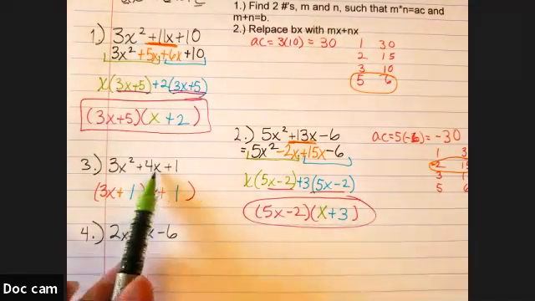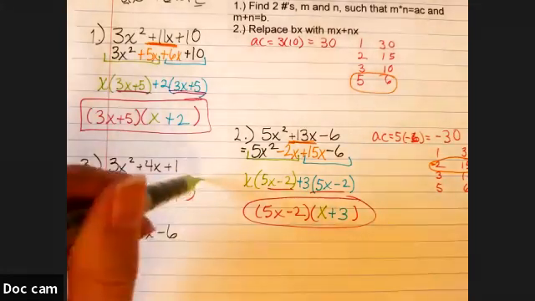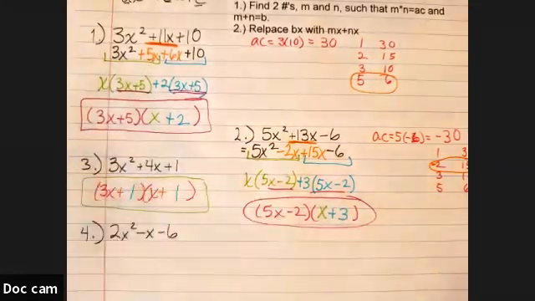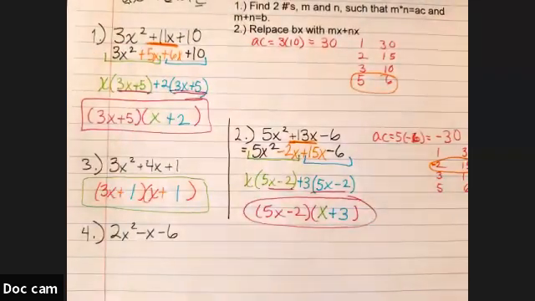And if you add those together, 3x plus 1x, it does equal 4x. And so therefore, this is the answer. And you could have also solved that using the AC method if you wanted to, but it was pretty easy to do it that way as well. Okay.